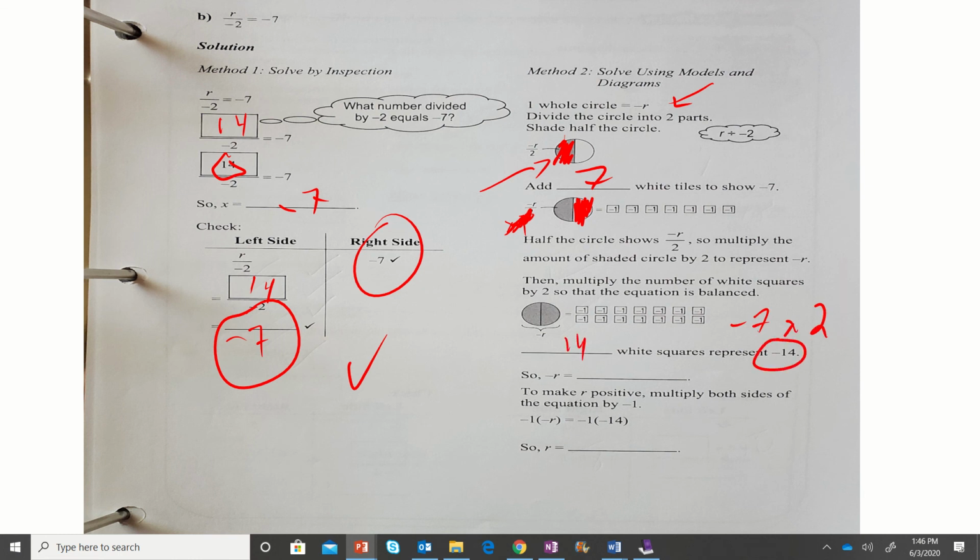So now negative r equals negative 14. To make r positive, we multiply negative 1 with r to get r, and negative 1 times negative 14 is plus 14 when we multiply our integers.